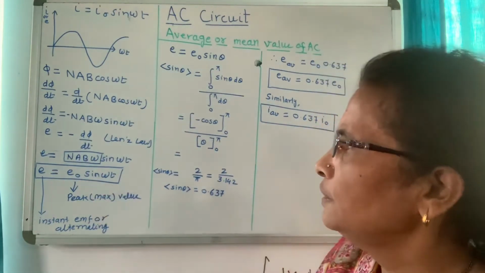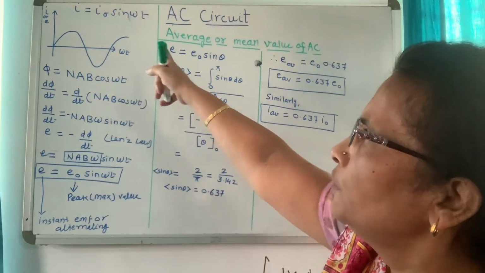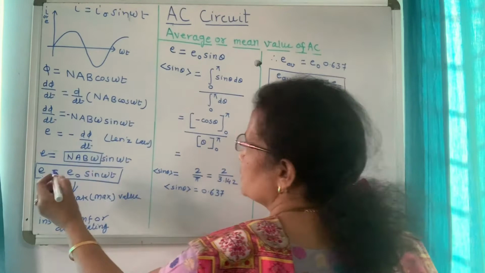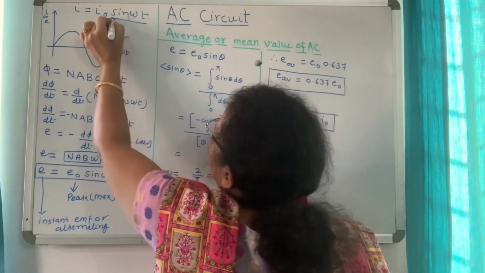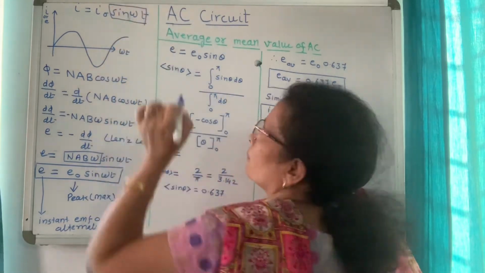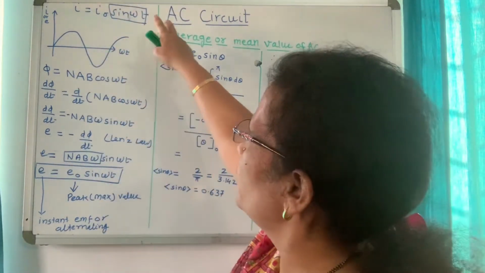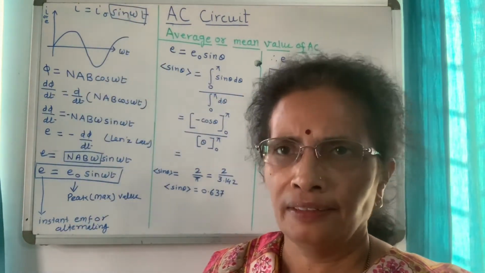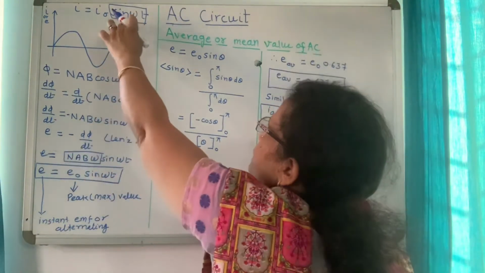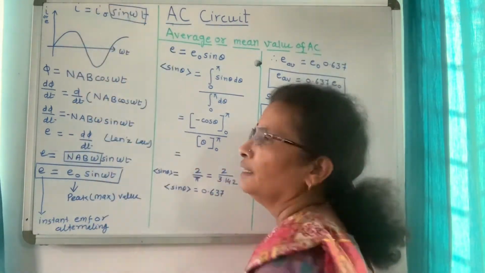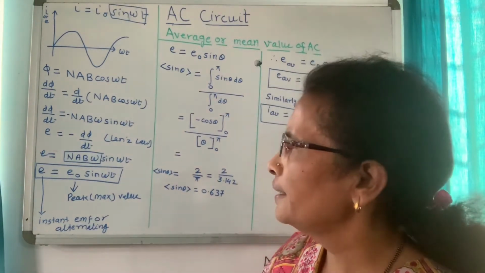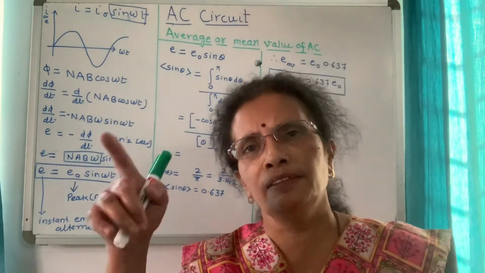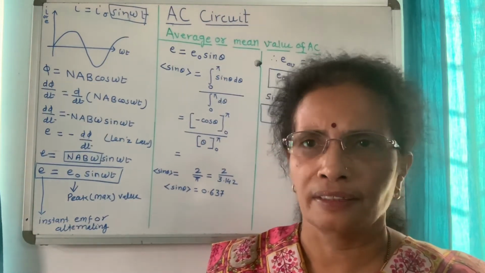E is equal to E0 sine omega t, I is equal to I0 sine omega t. So this instantaneous EMF or instantaneous current depends upon sine omega t. This sine omega t changes with the angle omega t, right? The maximum value of sine omega t is +1 and the minimum value is -1. That's why the alternating current or EMF is sinusoidal in nature, right?